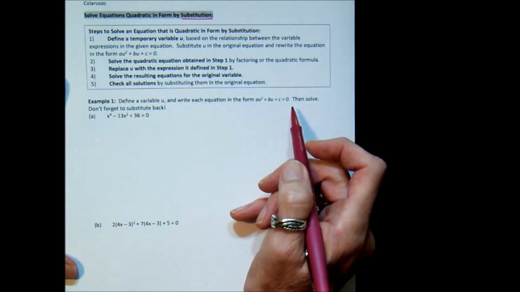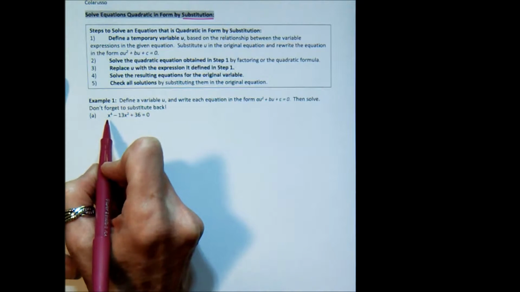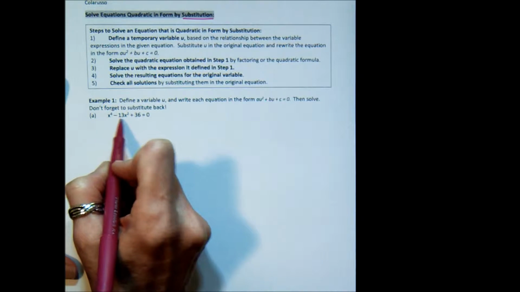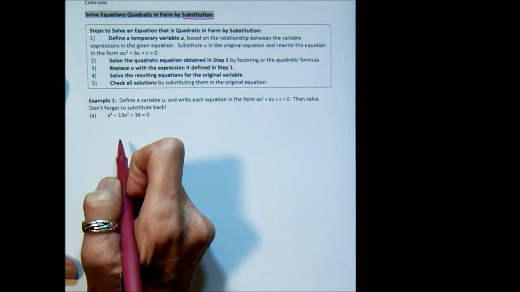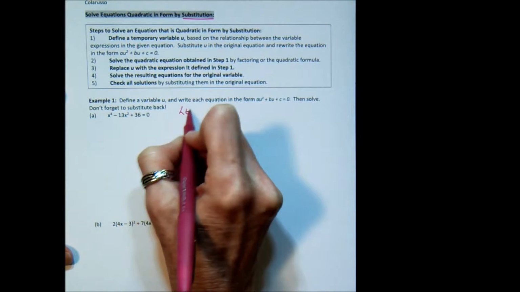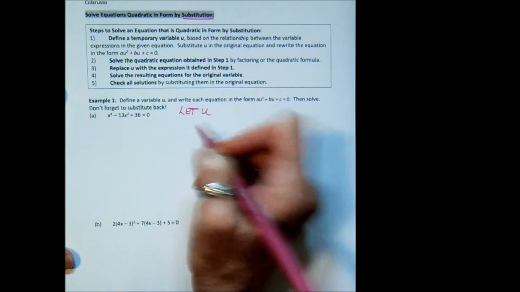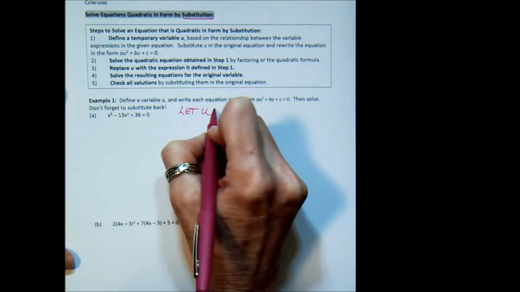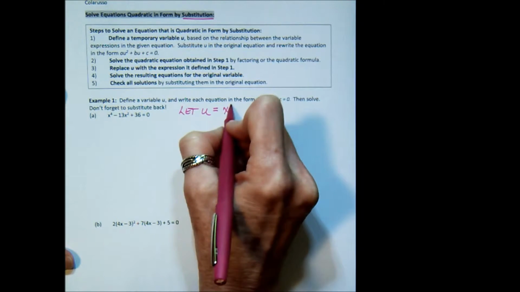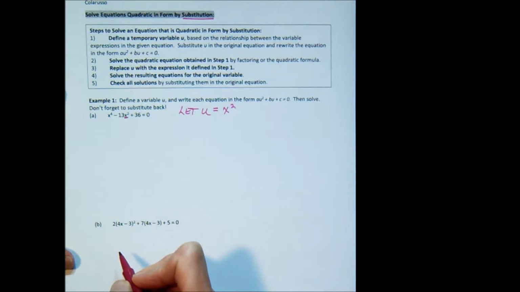So let me explain what we're doing. This equation, rather than being x squared, is x to the fourth minus 13x squared plus 36 equals 0. So what we're going to say is we're going to let the letter u, and I don't know why, but u is always the letter that's used, let u be equal to x squared. And I got that from my middle term.